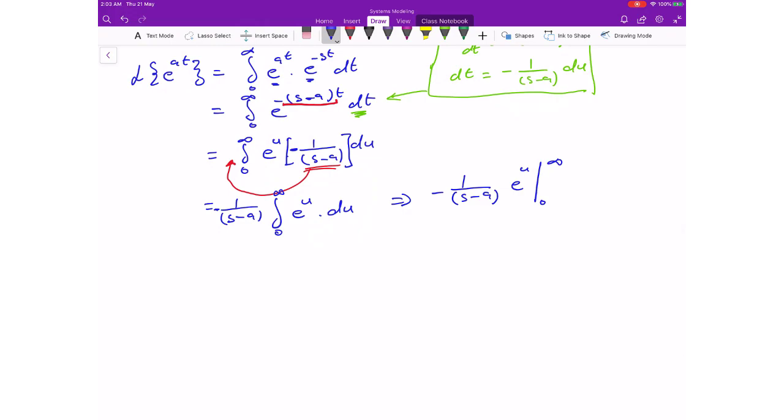So now we need to evaluate this equation. And evaluating between 0 to infinity, especially for an exponential, is the easiest thing. Very easy, because either you drive the exponential to 0 or you drive it to 1. Now, let's look at this.